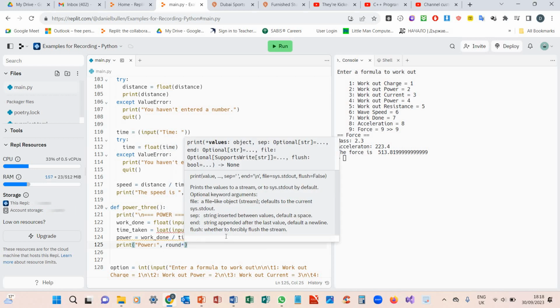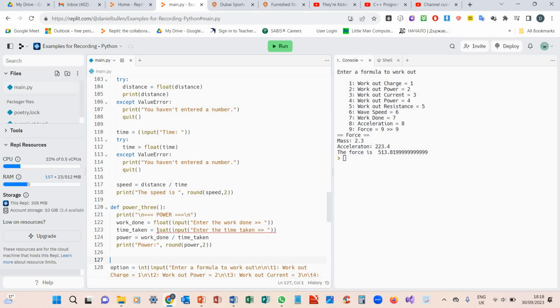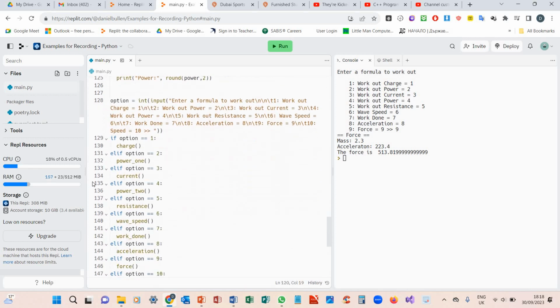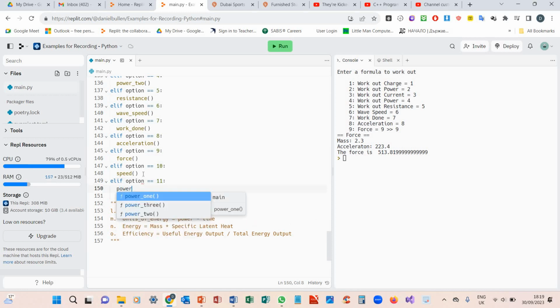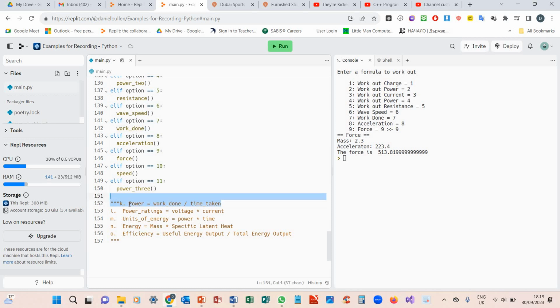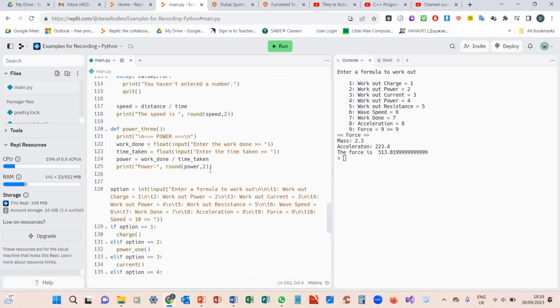We're going to round power to 2 decimal places. Oh, should put an F there for float. And then for number 11, it's power 3. So we got that one. Nipped in the bud. Yep, just 4 to go.